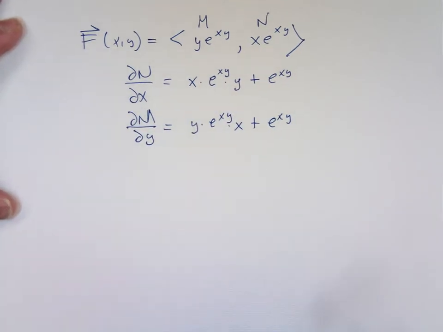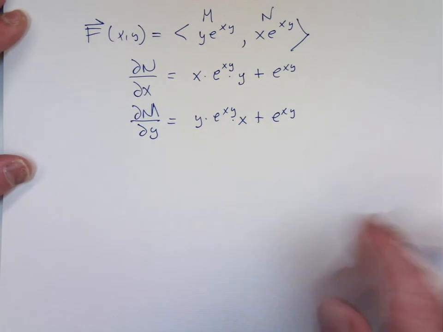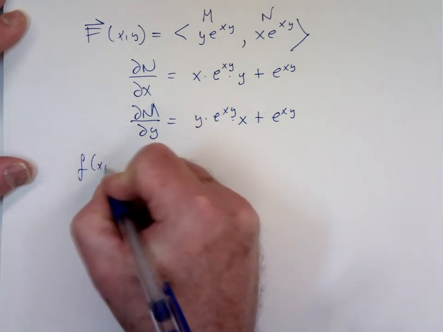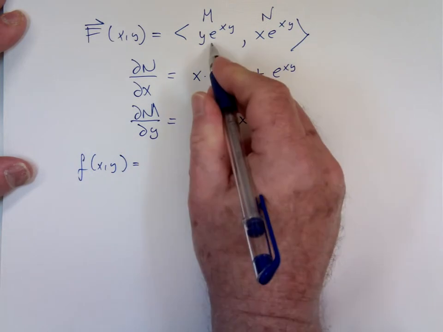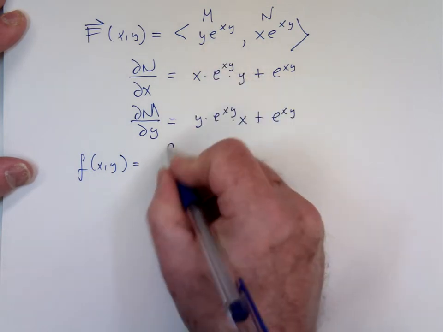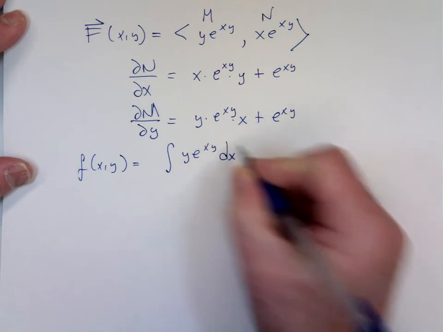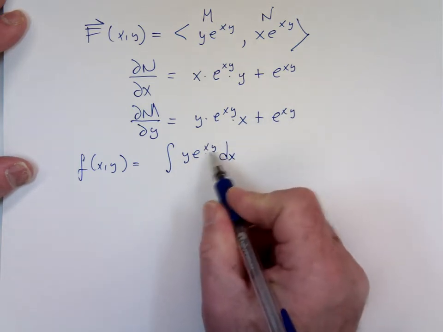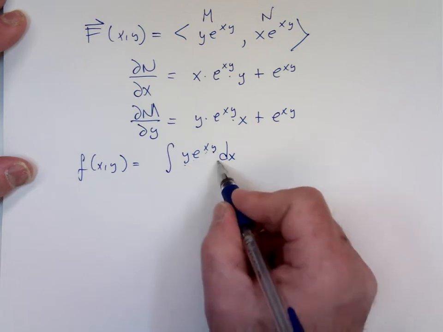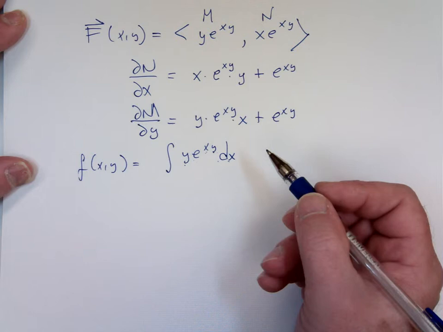What we're going to do is capture this potential by integrating this one with respect to x. When you integrate this with respect to x, it's an e to the u form. U is xy, the du is y dx, and it's there. So you just integrate that.